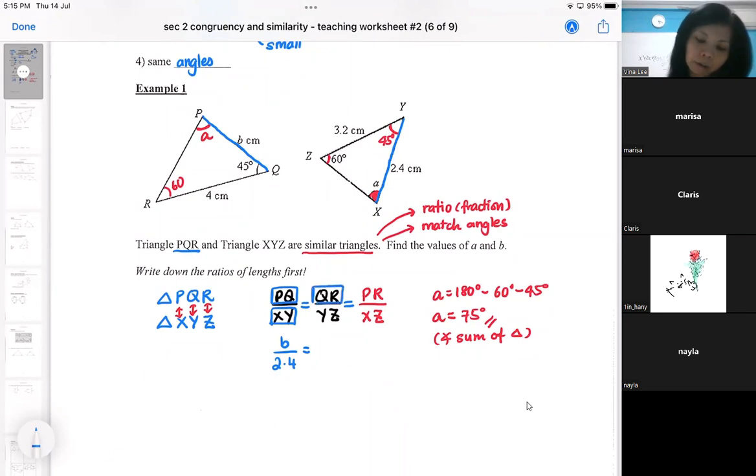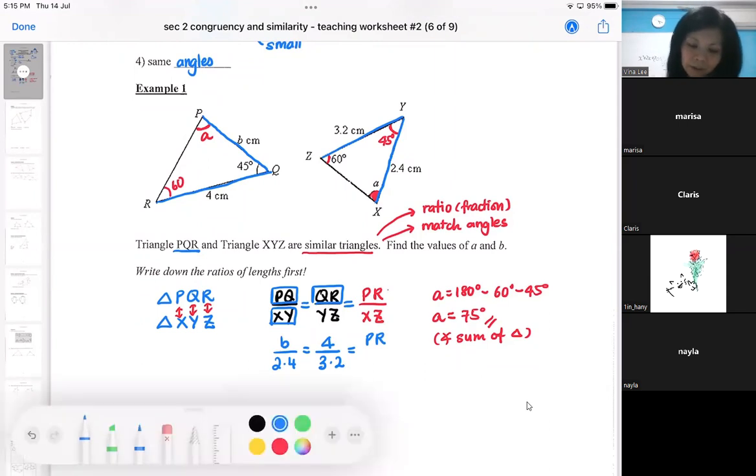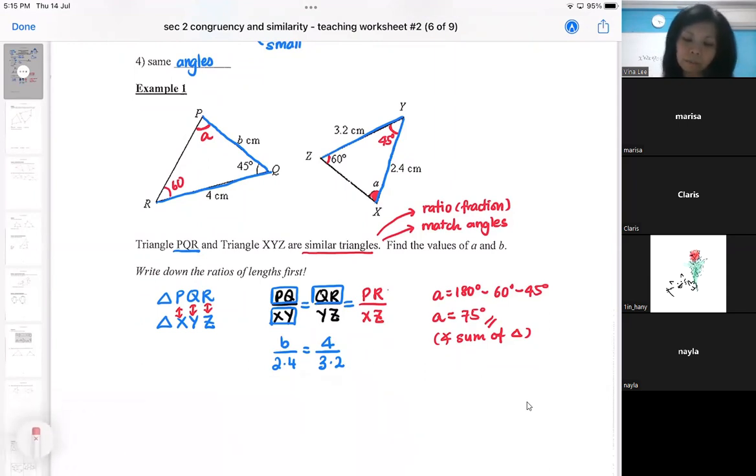So QR, if you look at what is your QR, is a 4. Your YZ is 3.2. And PR, I got nothing. So this one nothing, right? Then XZ also nothing. If there is nothing, you can ignore the ratio.